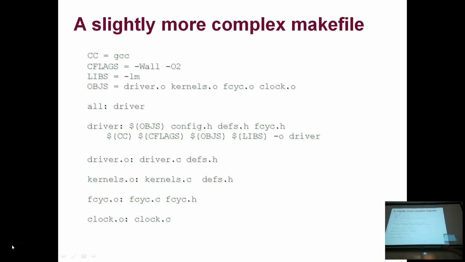You'll note that these clock.o and clock.c, they don't have build lines. They don't have second lines that say, how do I build these things? There is a default compilation rule that is invoked whenever make sees this and doesn't see a second line. And it basically just does gcc -c clock.c -o clock.o. So you don't have to write that in. It'll default into compiling that.